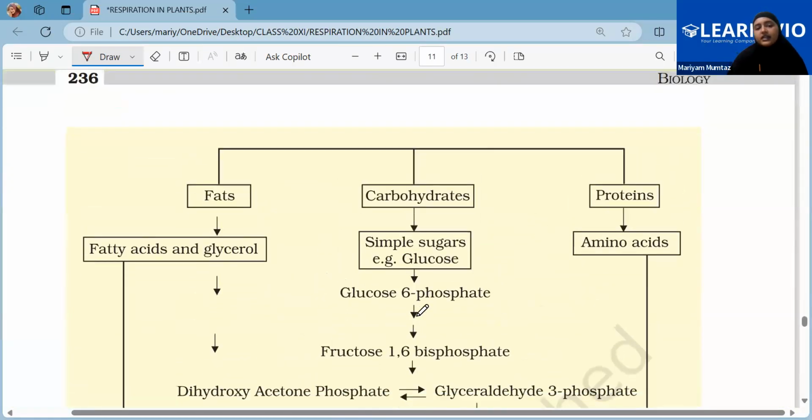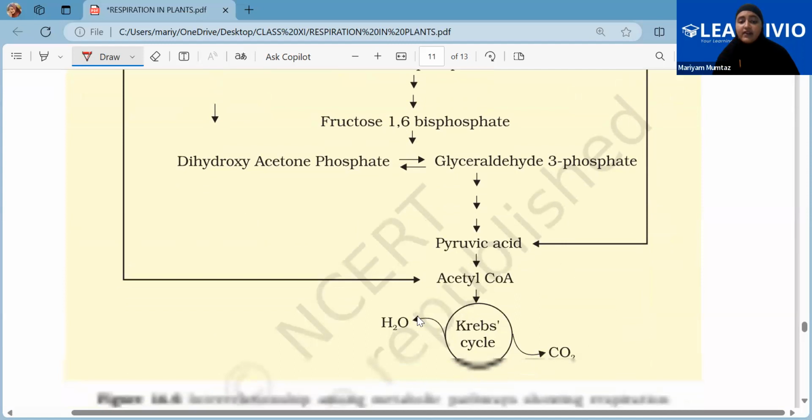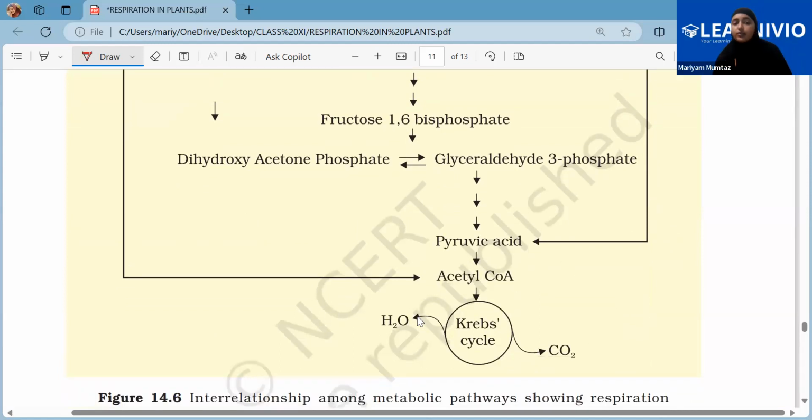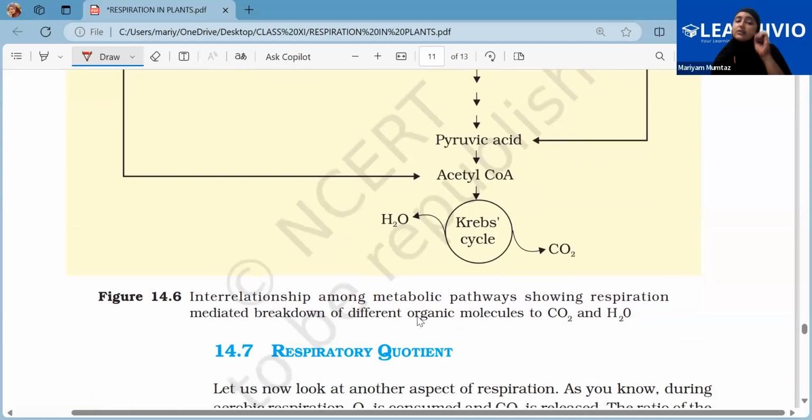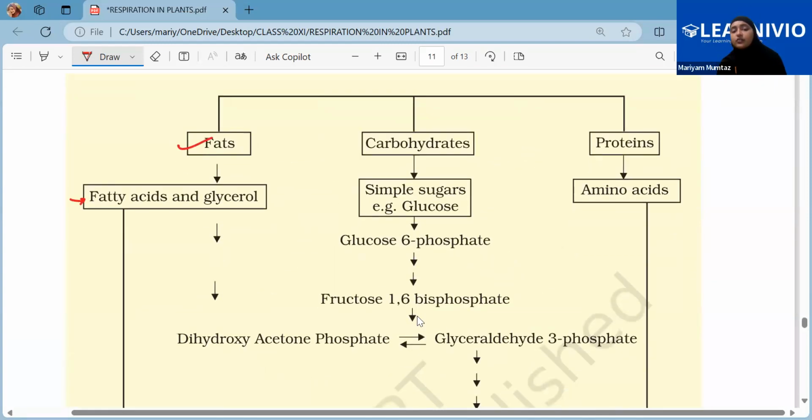So this is how, for example, fats are there. They have to be converted into fatty acid and glycerol. Then this fatty acid will be converted into acetyl coenzyme A, and then only it will undergo aerobic respiration. Same goes for simple sugars such as glucose.